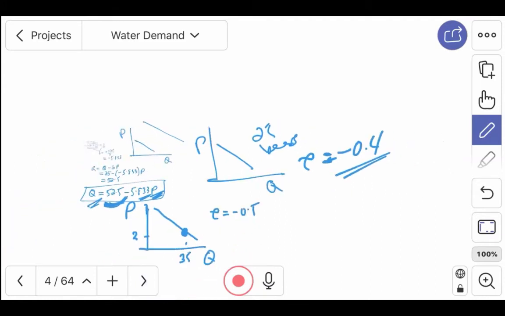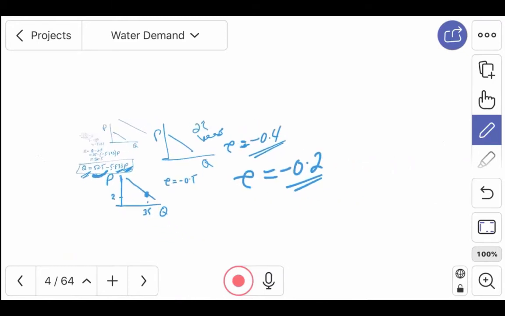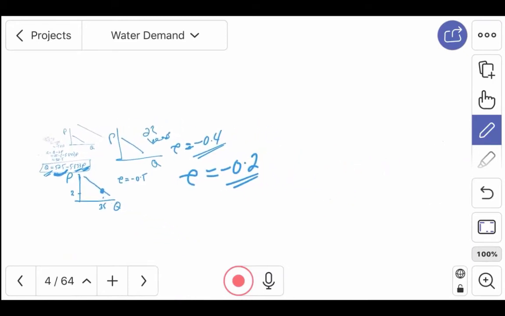Or maybe people didn't think much about water back then, so they were not very responsive to prices, maybe minus 0.2. And if I have to make a decision about what the elasticity could be, and if I have no other information, what I might say is, well, okay, let's start here. And what has happened in the last 25 years? Well, we have had education programs in schools. People are aware of water scarcity problems and so on. And water prices have gone up. So we have been educating people.